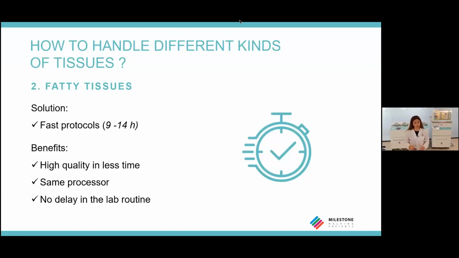So we can have high quality results, but in less time, and in time useful for the work of the lab, so in good time. And most importantly, with the same processor used for small samples, so we don't have to divide the processor. This guarantees for sure a better management of this tissue without delays in the laboratory operations.